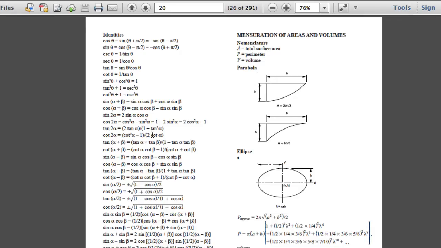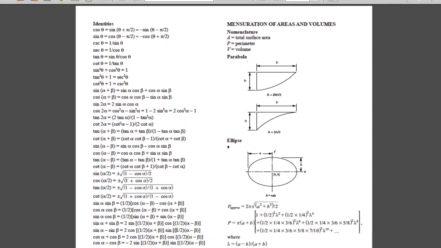My general opinion is that from sine theta over 2 down, I don't know if they'll actually be on there. These are pretty advanced, but get familiar with as many as possible. I'm going to be referencing this while solving this problem.